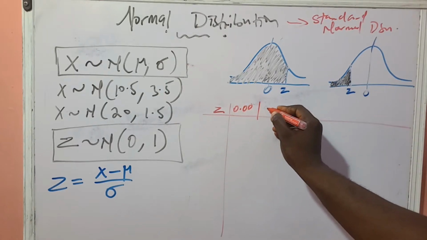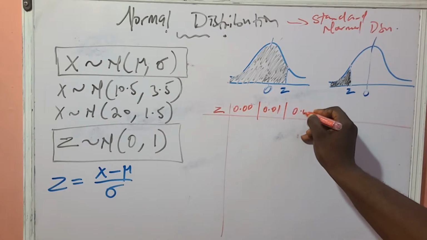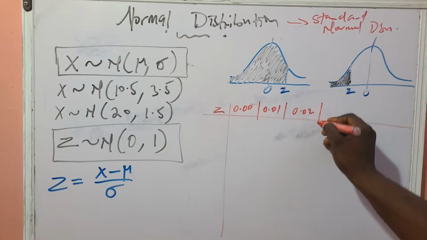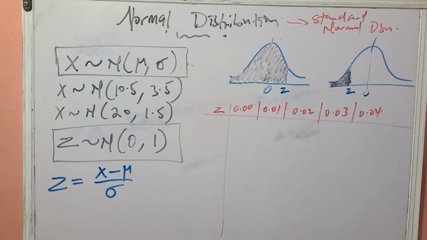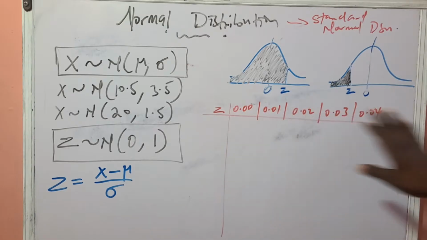You would also see 0.01, 0.02, and so on and so forth, 0.03, 0.04, and I believe it got to 0.09. You will see something like this, right?